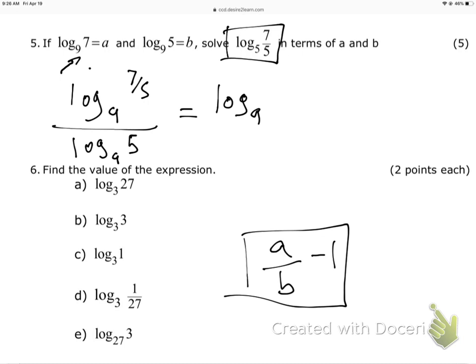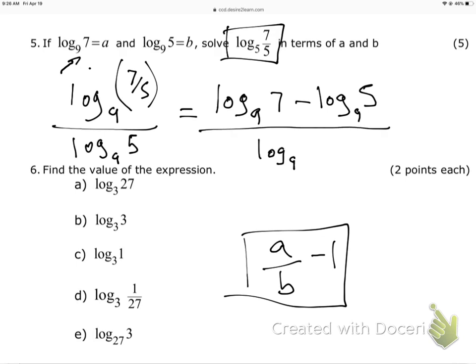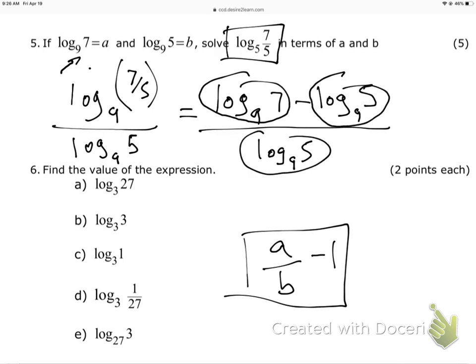I'm now going to split this up because it's a division. I'll do it as a subtraction. 7 minus log to base 9 of the 5, all over log base 9 of the 5. Now here we go. That is A. That is B, and that is B. So here's another answer, A minus B over B.